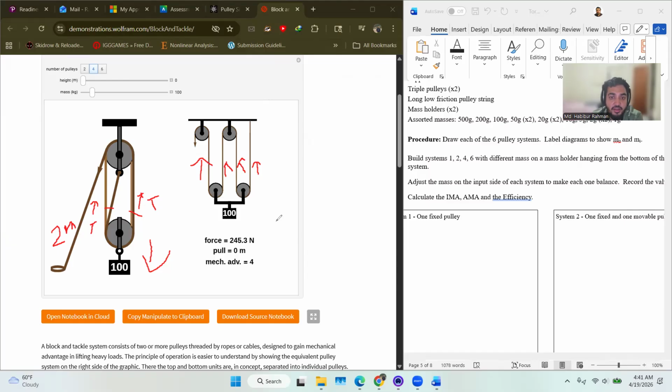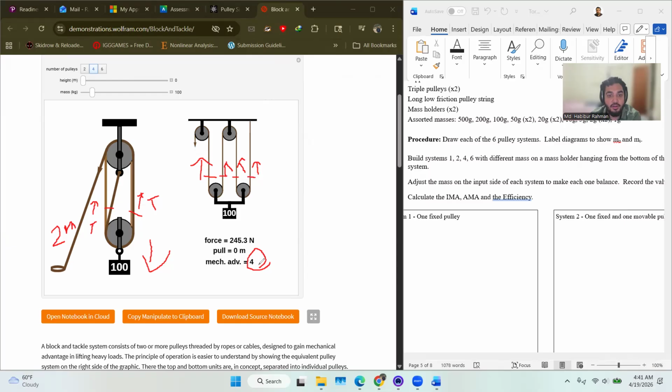So the mechanical advantage will be 4, because there are 4 tension forces pulling it upward. To make it move 1 meter, you pull how much? 4 meters, because there are 4 ropes.